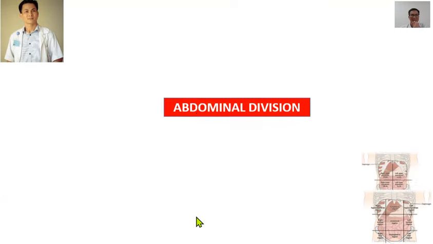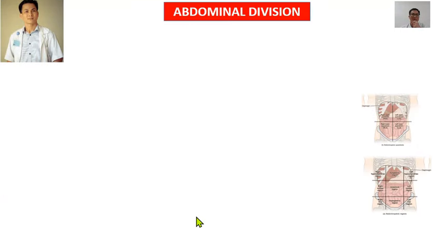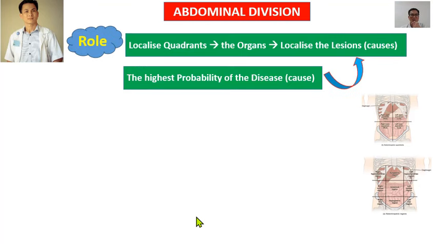Next, in this slide, I will discuss the fundamentals of abdominal examination with a focus on both general abdominal assessment and surgical abdomen. Firstly, let's talk about the importance of abdominal divisions in surgical abdominal examination.